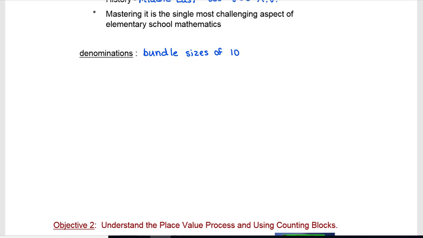One way you can help students identify bundle sizes is by using money. Tell them, okay, if I have a $1 bill and I take it times 10, I can exchange it for a $10 bill.